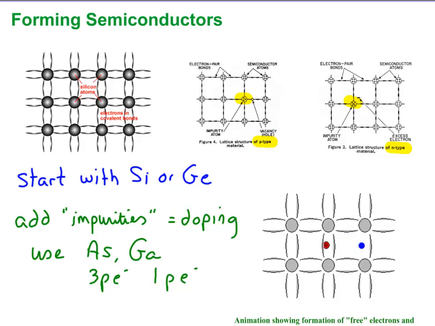So if we take a look at this diagram here, if we dope with arsenic, as that highlighted particle shows, I have 5 electrons instead of 4. So that means that 1 electron is not involved in a bond, and it can actually move around and take the place of other electrons.